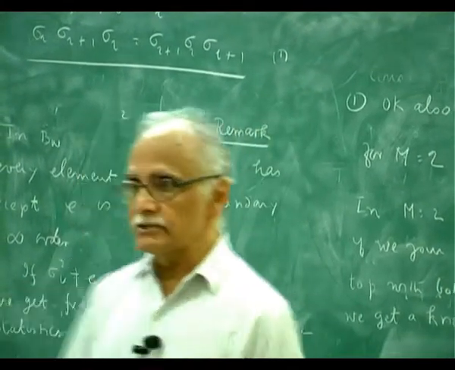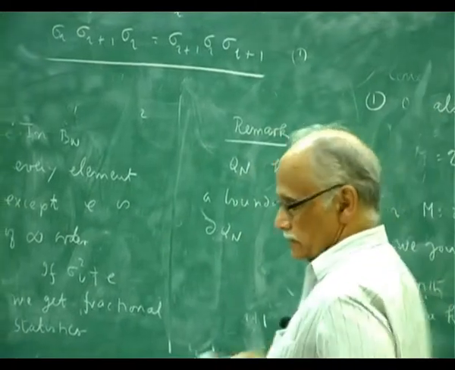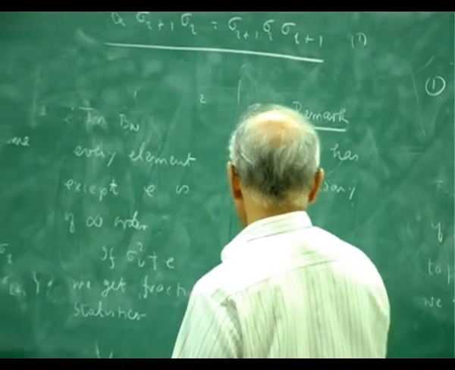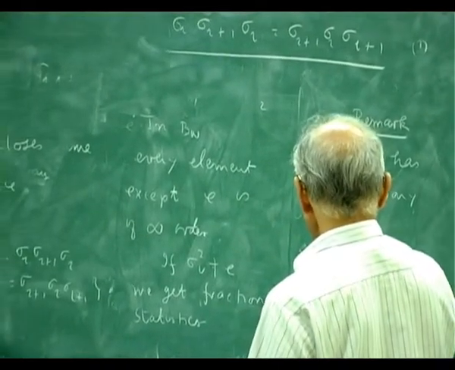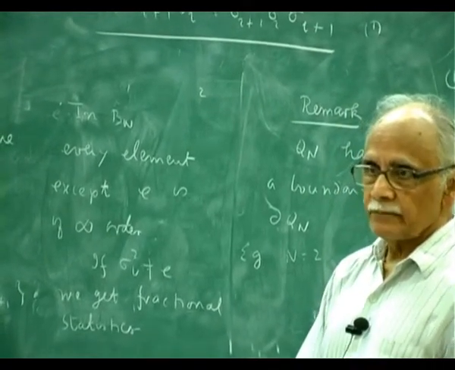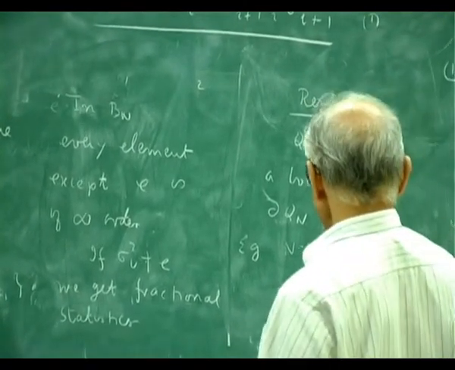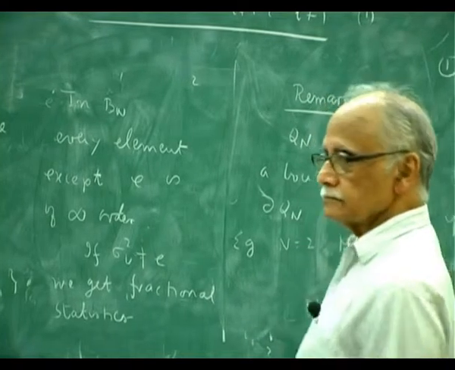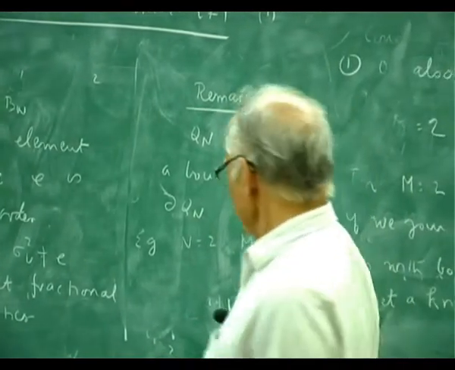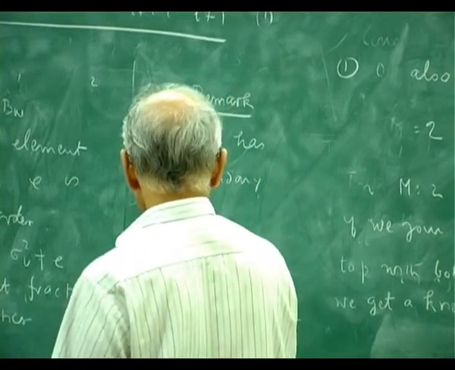It is not a manifold without boundary, I will tell you. For example, let us consider an example. Let us consider two particles. Let us consider m equal to 3. So in Qn, what happens here?